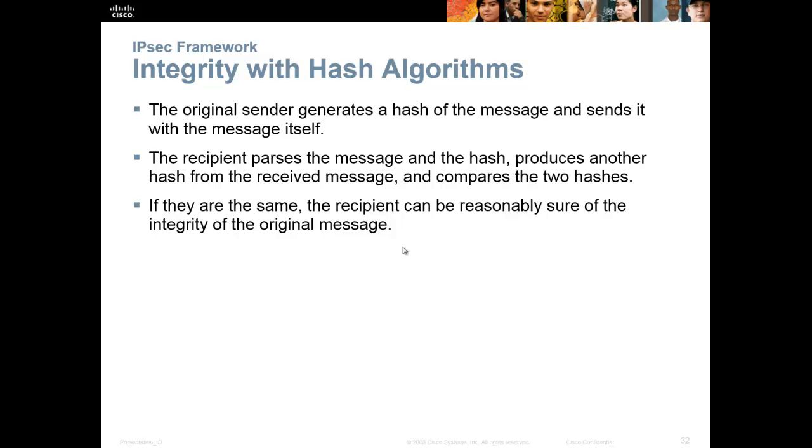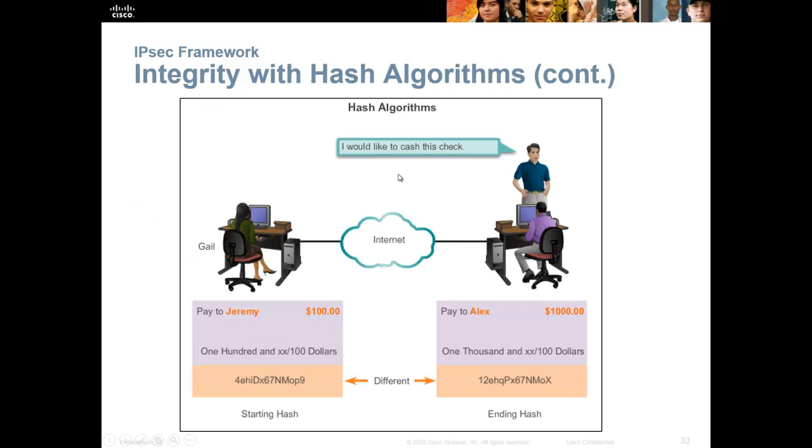So there's other methods, like in this case that they're talking about, where I can hash it and then send it, and then when you receive it, you produce another hash from my hash, and then you compare the two hashes, and if they're the same, it works. So when I send this $100 to Jeremy, I'm using this hash, and then it goes across the internet, and when you get it, you create a new hash based on my hash, and if they both work, then you know something worked.